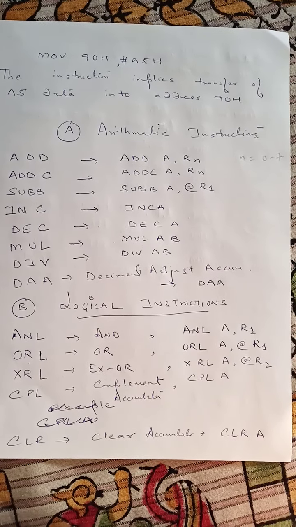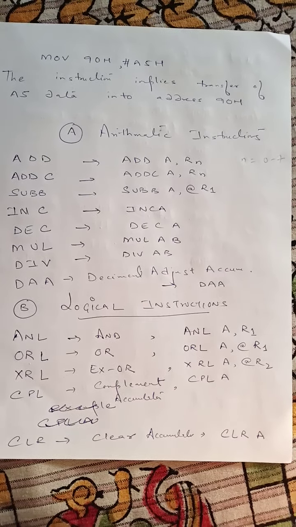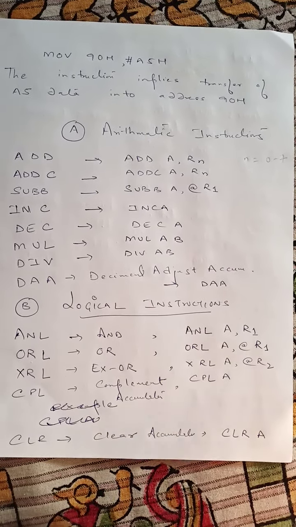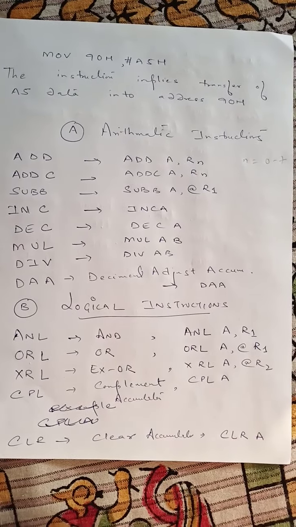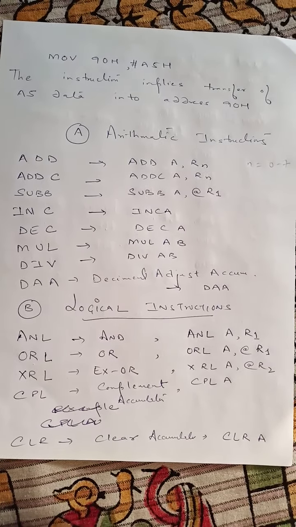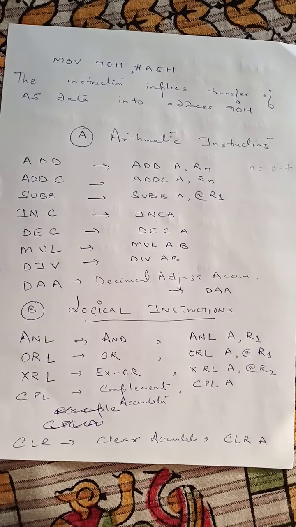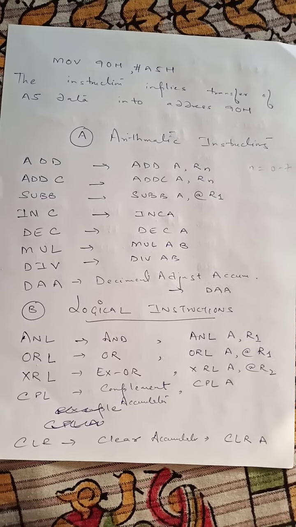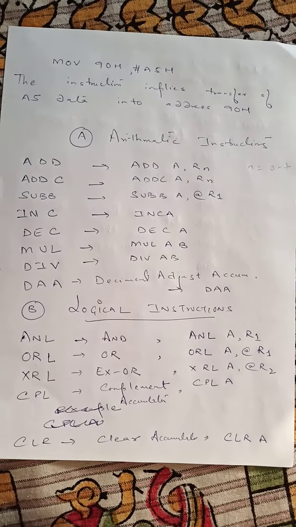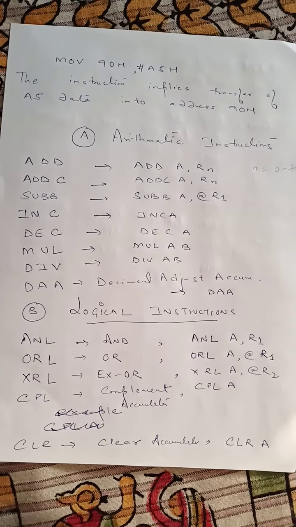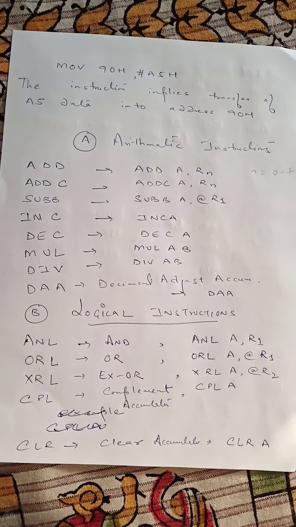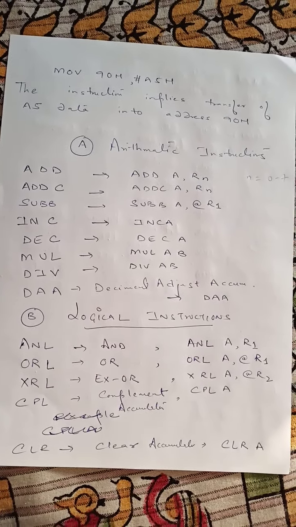Similarly, there is add with carry, subtract with borrow, increment, that is, increment A, to increment the contents of the accumulator, decrement A by 1, multiply the contents of two registers, divide the contents of two registers, and DA, that is, decimal adjust after addition.